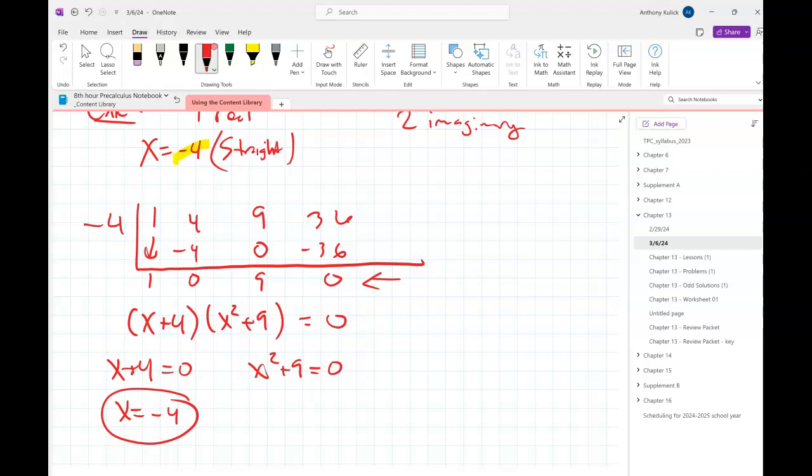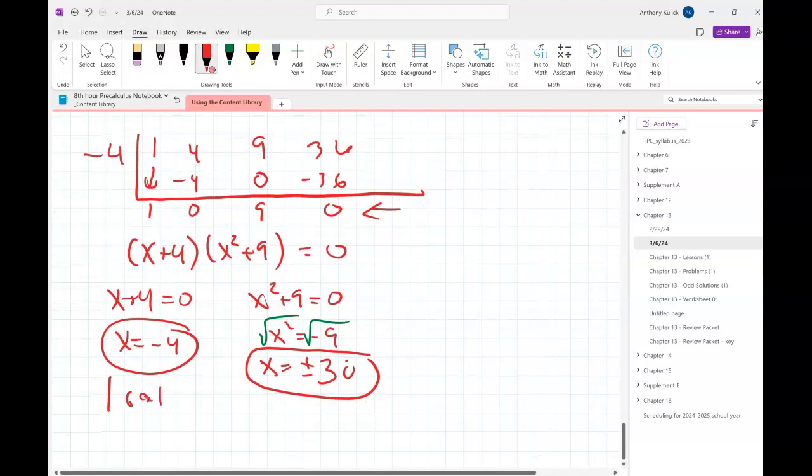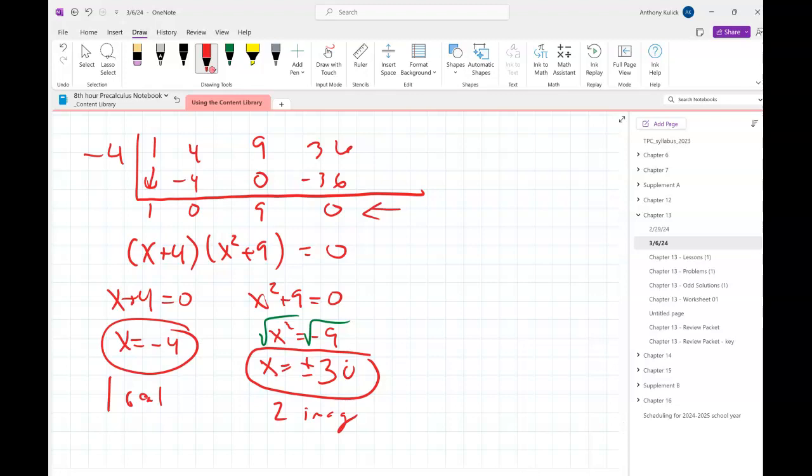We don't have to pull out that gun to kill this problem, right? I'm just going to do this directly. I'm going to subtract 9 from both sides, square root both sides, and square rooting both sides, I get a plus or minus. Because I'm square rooting a negative, I get an i, and the square root of 9 is just 3. So that's my 1 real, and this is my 2 imaginary. 2 because 1 for the plus and 1 for the minus, right?